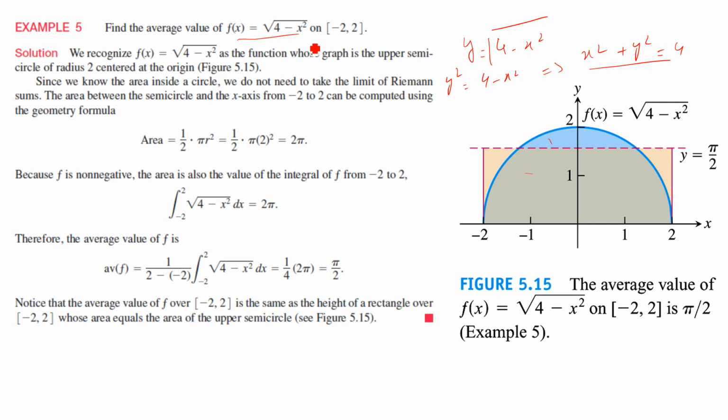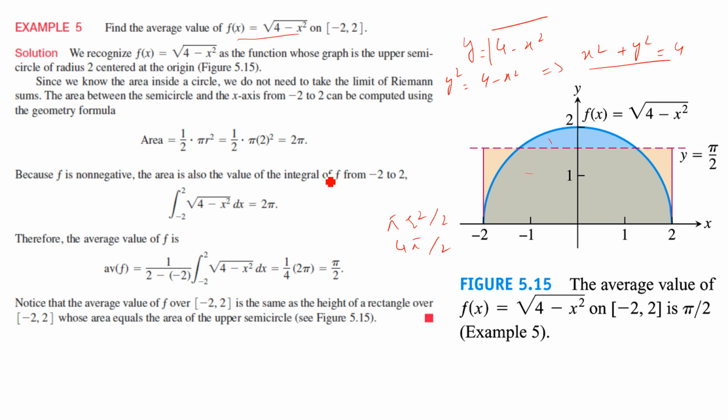Actually, y equals the square root of 4 minus x squared gives the heights of this semicircle with radius 2 and center at the origin. So we can find the area directly using the formula for area, pi r squared. Since r is 2, pi r squared is 4 pi, and as this is a semicircle, the area of this region will be divided by 2.